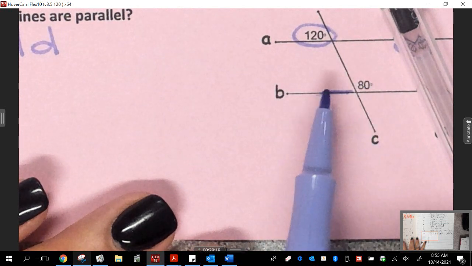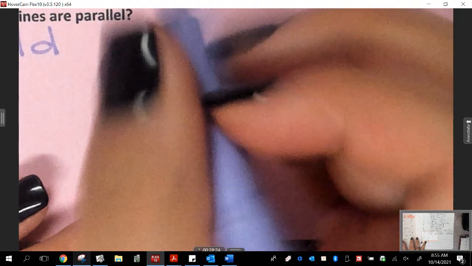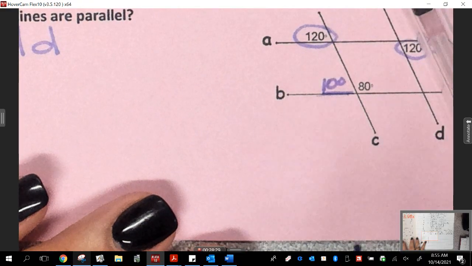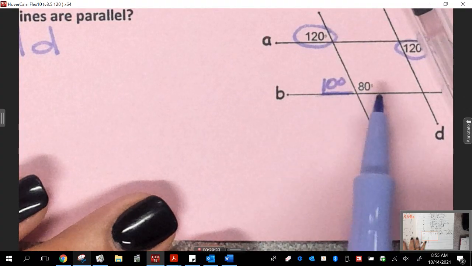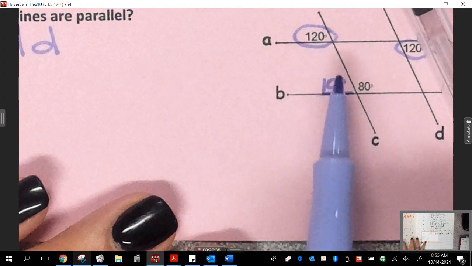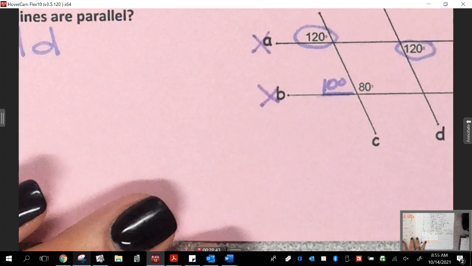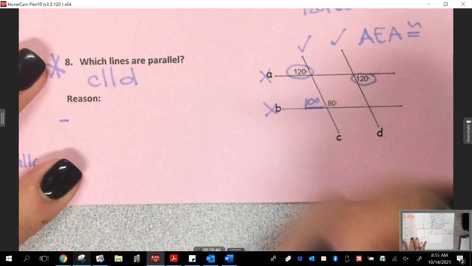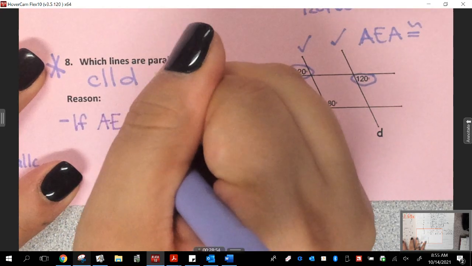So if this is 80, they have to add to 180 because they're a line. Because they equal 180. So if this is 100, what should that be? Are they the same? So wait, why is C parallel to D?